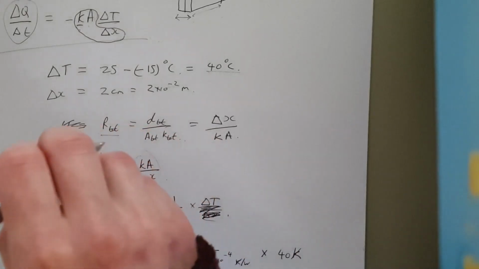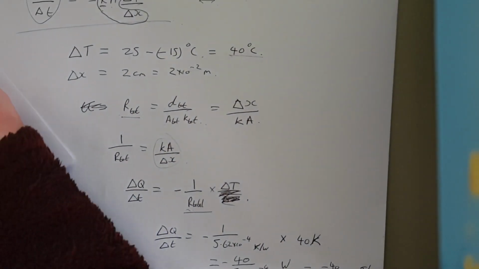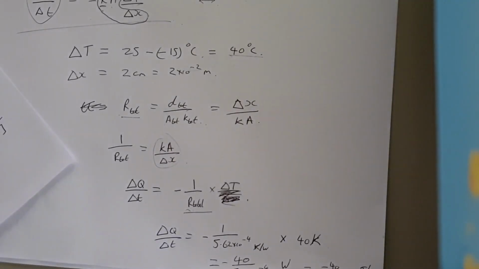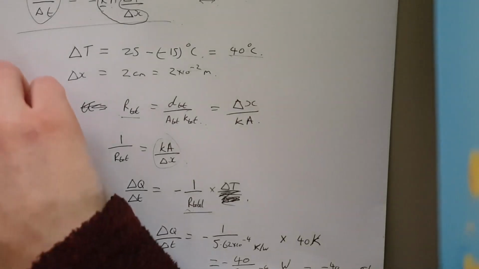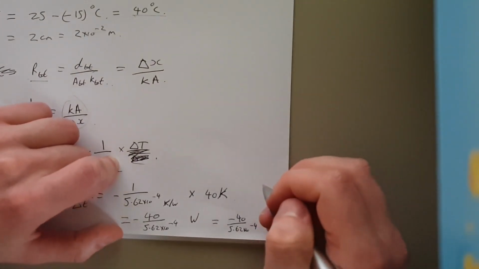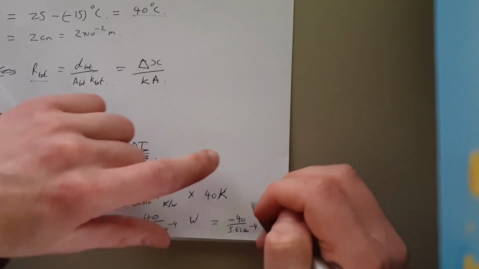Let me just calculate what that number is real quick. 40 over 5.62 times 10 to the power of minus 4 gives us about 71,000.